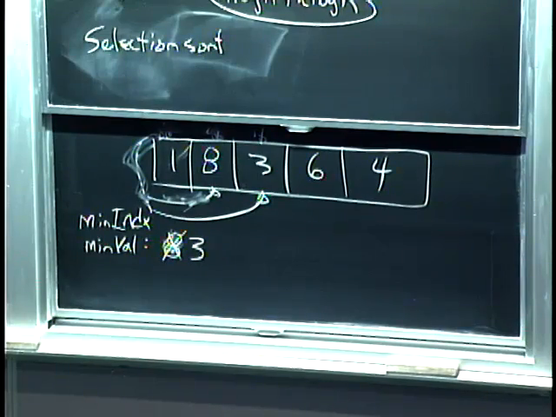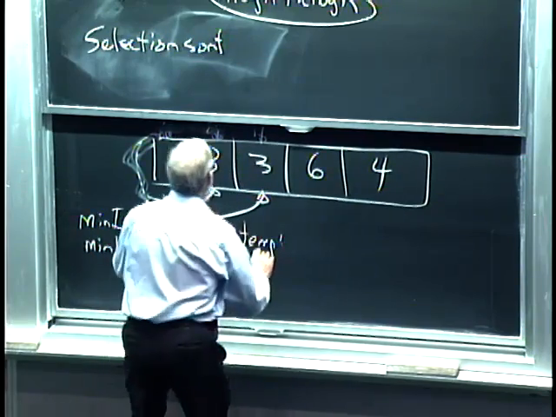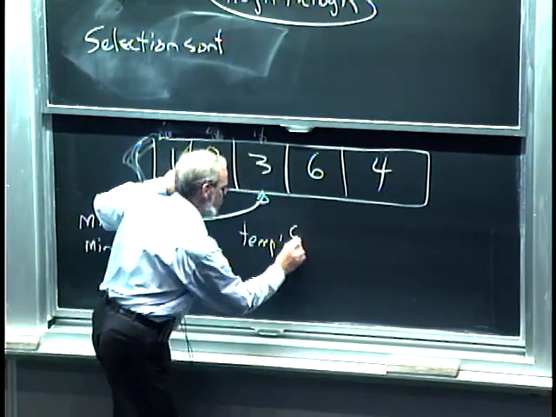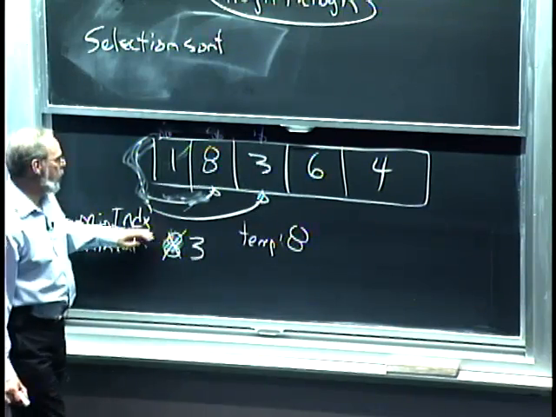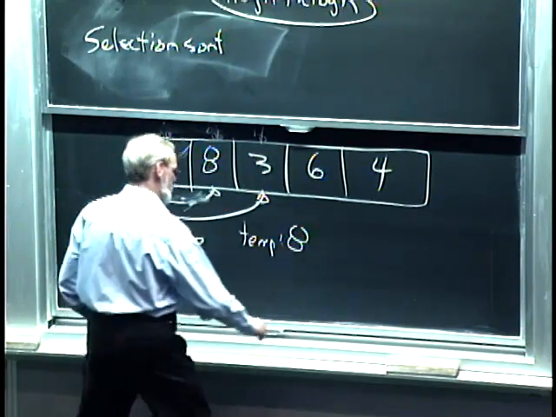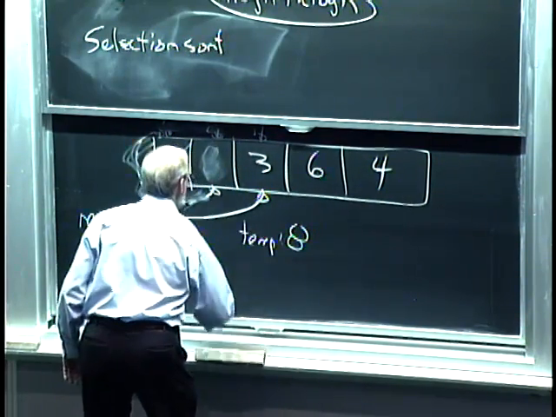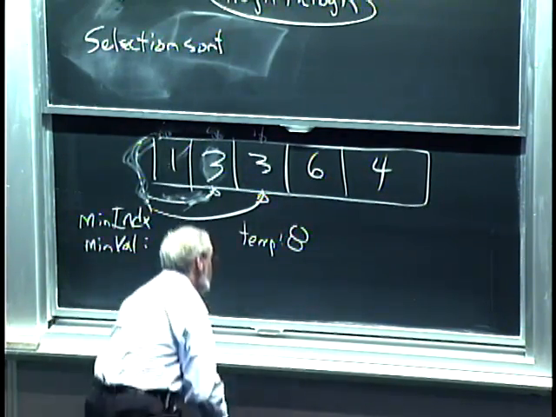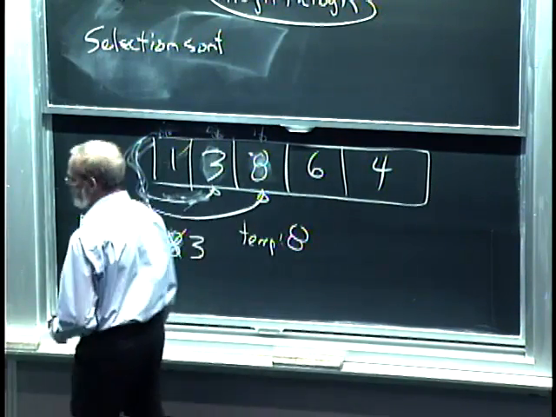Well, you see, I say take temp and store away what's here, which is that value, and then take what min index is pointing to and stick it there. Finally, replace that value.